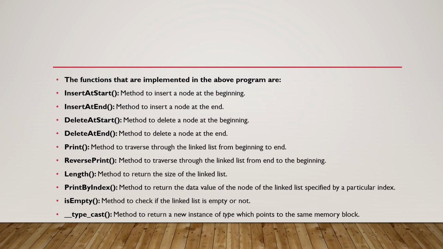The following functions are implemented in the above program: insert at start, method to insert a node at the beginning; insert at end, method to insert a node at the end; delete at start, method to delete a node at the start; delete at end, method to delete a node at the end; print, method to traverse through the linked list from beginning to end; reverse print, method to traverse through the linked list from end to the beginning; length, method to return the size of the linked list; print by index, method to return the data value of the node of the linked list specified by a particular index; is empty, method to check if the linked list is empty or not; typecast, method to return a new instance of type which points to the same memory block.